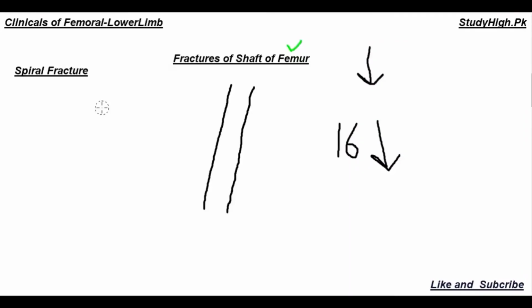Sometimes there is a spiral fracture of the shaft of the femur. What is a spiral fracture? In this condition, if this is a femur bone, it will break spirally like this, and the lower part will also be broken in this situation. So they are broken in a way like this.